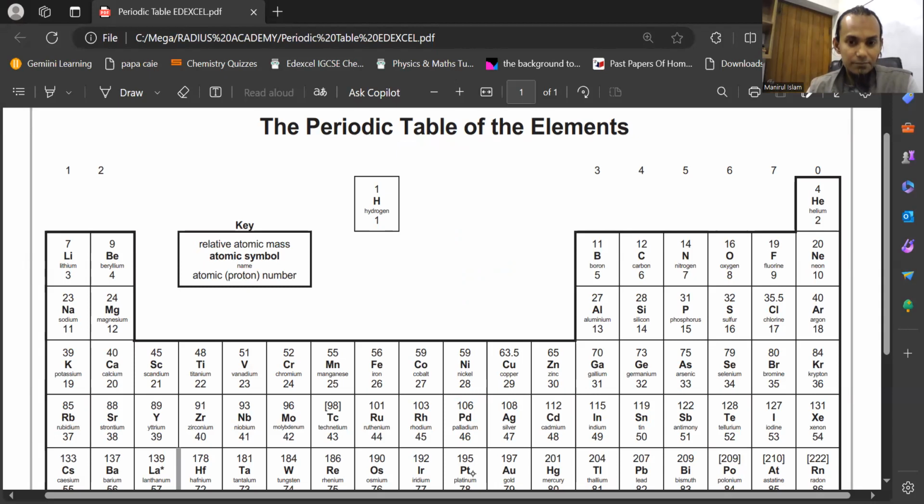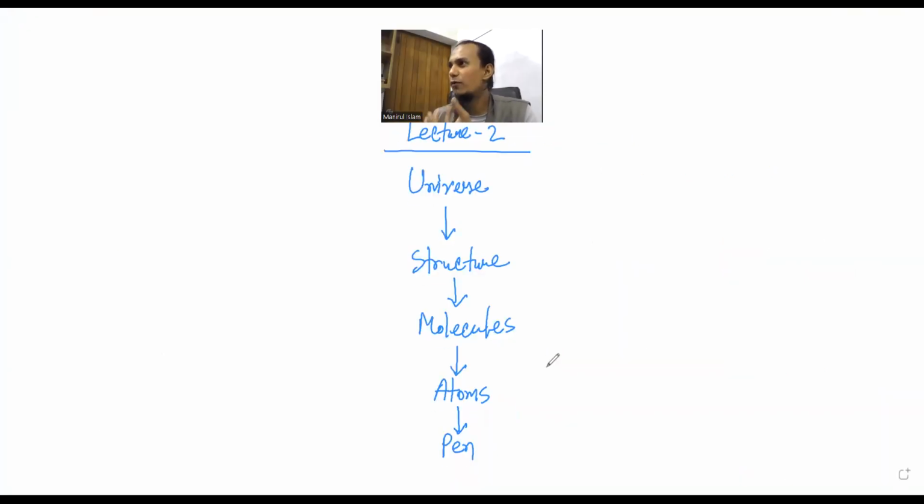So all these atoms, the most tiny part of these elements are atoms. In that tiny part you have protons, electrons, and neutrons, and I'll discuss how protons, electrons, and neutrons are structured.